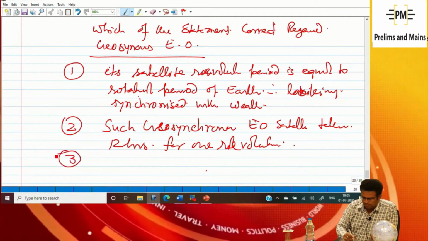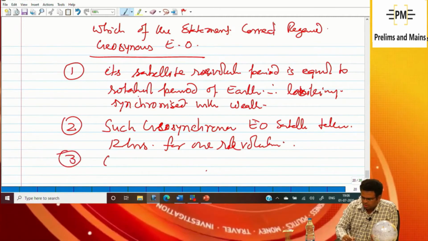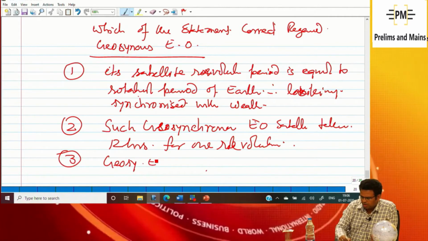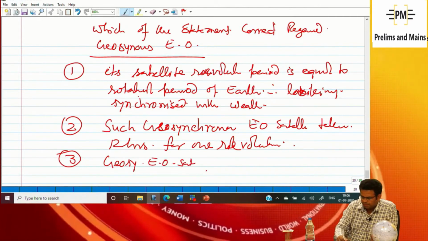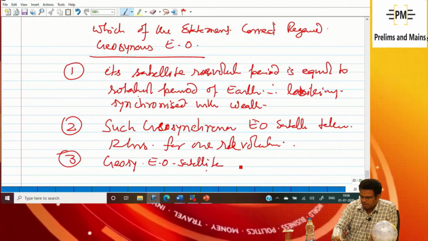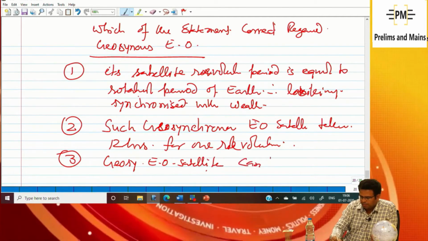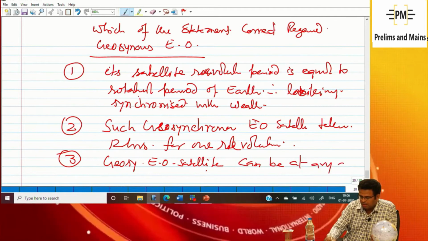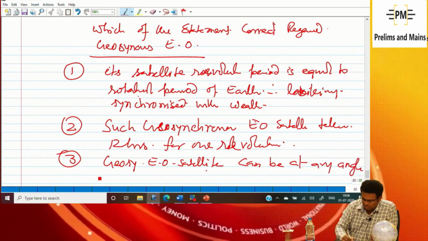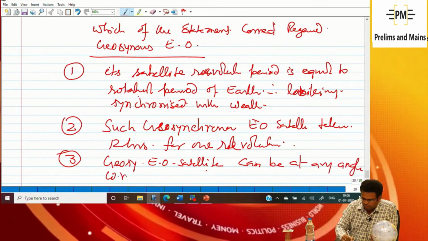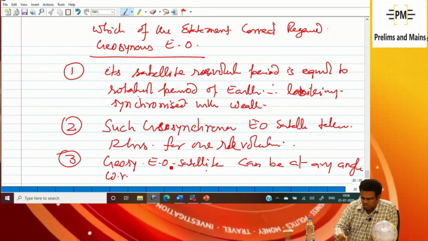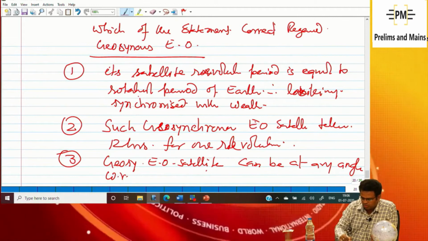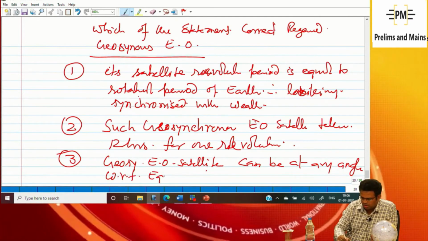Third statement, geosynchronous earth orbit satellite can be at any angle with respect to equator.